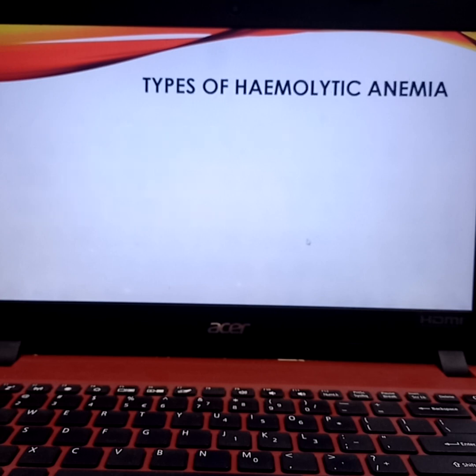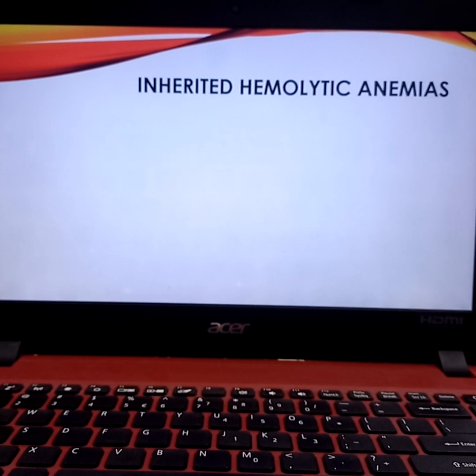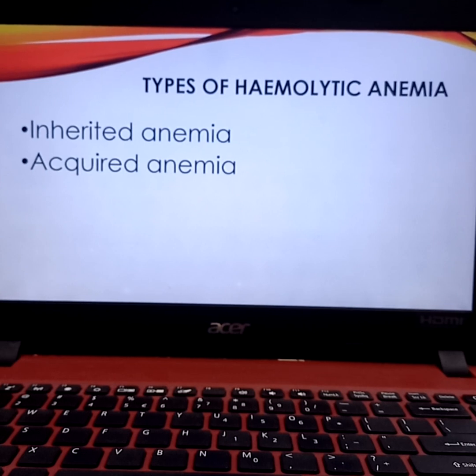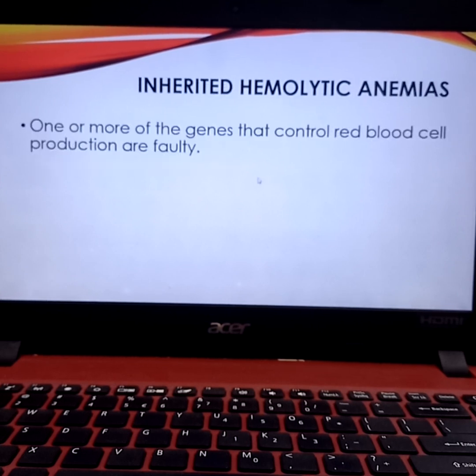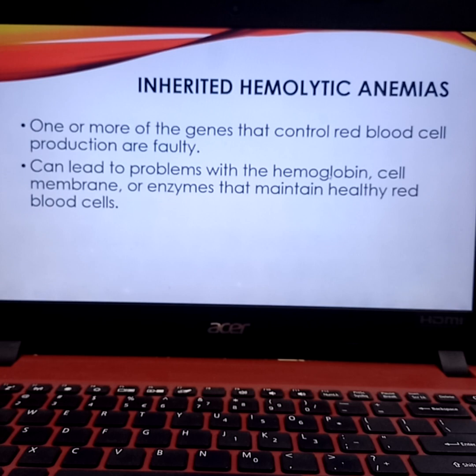Now, for the types of hemolytic anemia, we actually have inherited anemia and acquired anemia. From the word itself, inherited anemia is an anemia wherein one or more of the genes that control red blood cell production are faulty, meaning there is an inherited problem in terms of red blood cell production.